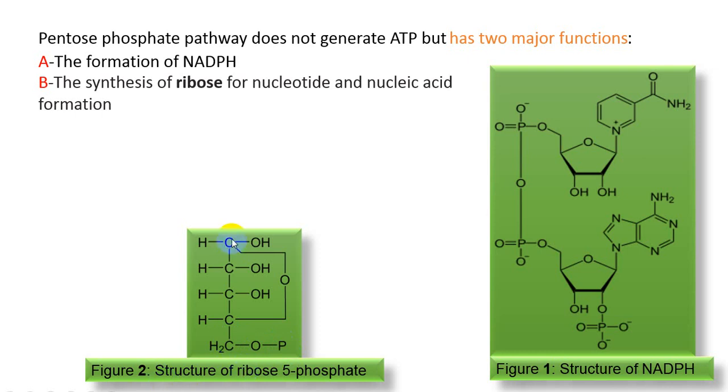Ribose consists of 5 carbon atoms: 1, 2, 3, 4, 5. This is very important for synthesis of nucleotides, in addition to RNA and DNA. Therefore, it is an essential unit to synthesize all these biomolecules like DNA, RNA, or nucleotides.